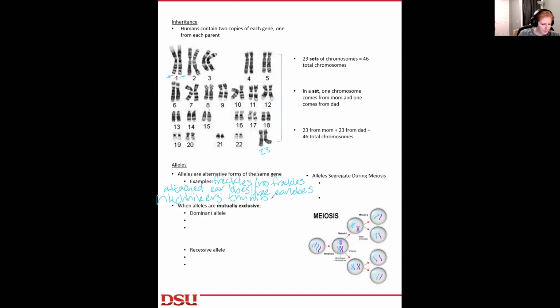So when alleles are mutually exclusive, meaning there's an inheritance pattern where it just comes down basically to what's dominant and what's recessive. In this case, a dominant allele, as we have already discussed, is always expressed. Always. And it masks the recessive allele.